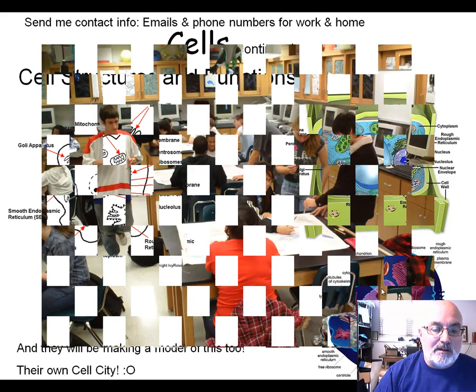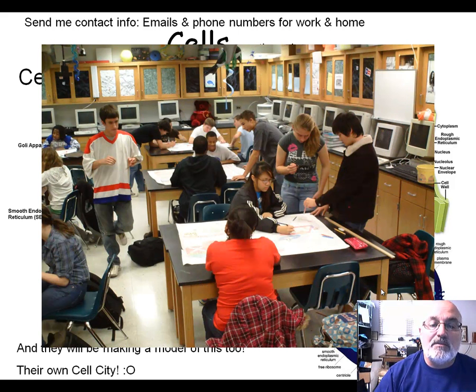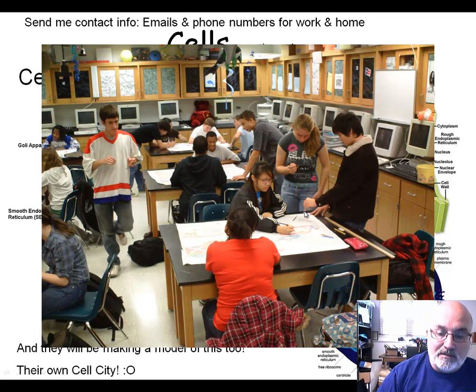We'll talk about analogies, where I'll break them up in groups of 4, and they'll have a piece of paper and come up with their own analogy for a cell, whether it be a city, a prison, a shop, or something.